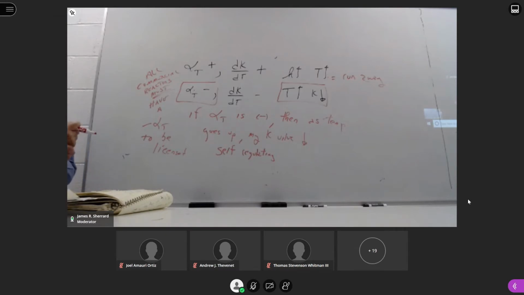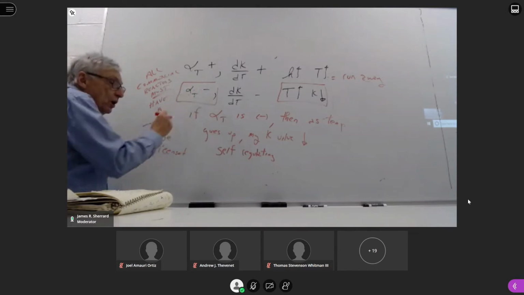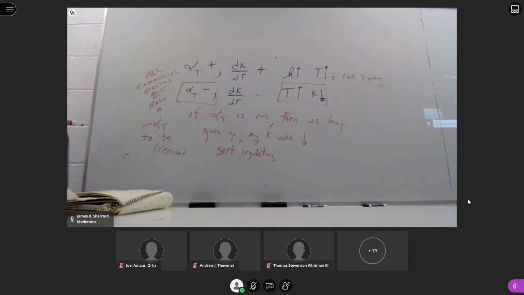Okay. If any of you have ever looked at or read in depth about what happened at Chernobyl, what happened at Chernobyl was in regular operation of their reactor, alpha T was negative, which is where it should be. And what they decided to do is they wanted to see if a reactor had scrammed and you were at basically a very low residual power, would there be enough power to operate the auxiliaries to, for example, pump additional water in to cool things off?